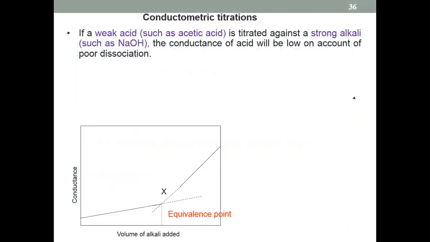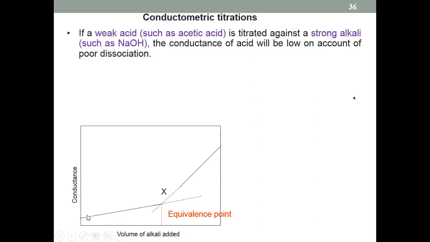I would like to draw your attention to this slide here. We have already discussed this in conductometric titration, but when I made that video, the line at the y-axis was originating from the origin, from zero, which is not true. It should have a certain value of conductance initially, and that magnitude is small because acetic acid is a weak acid and is weakly ionized in the solution, so its conductance should be lower.